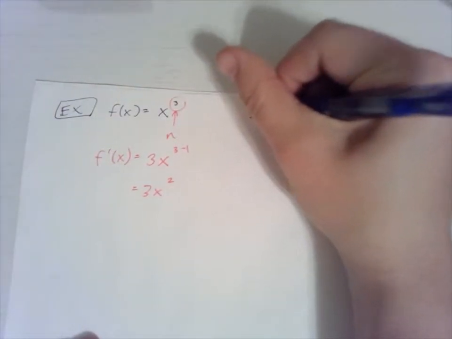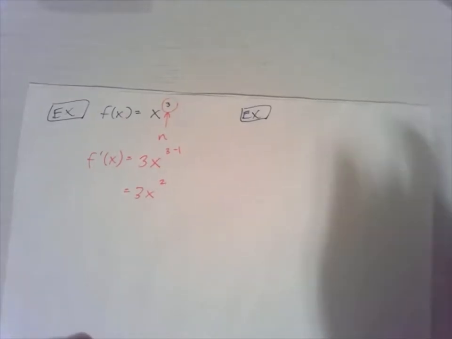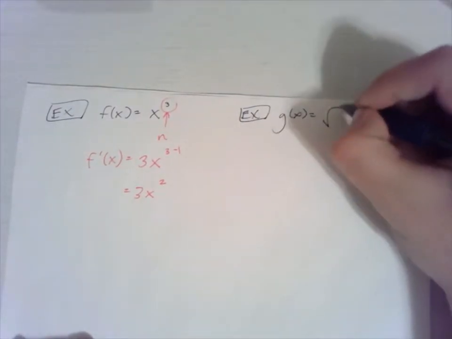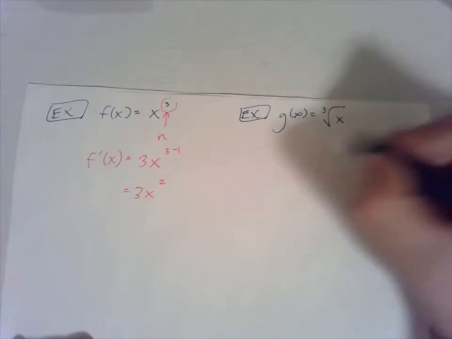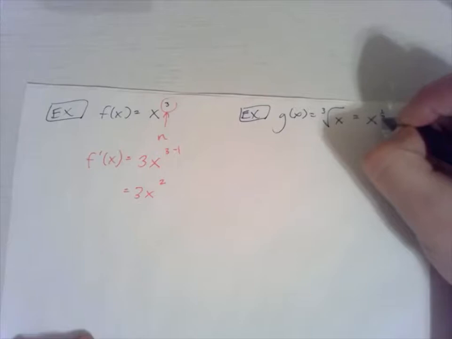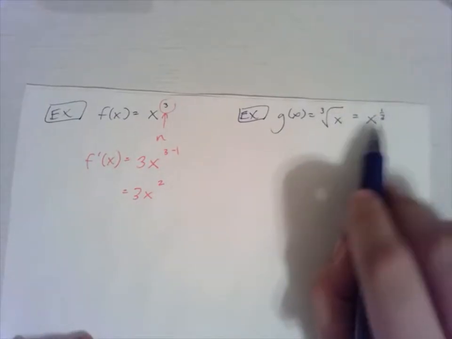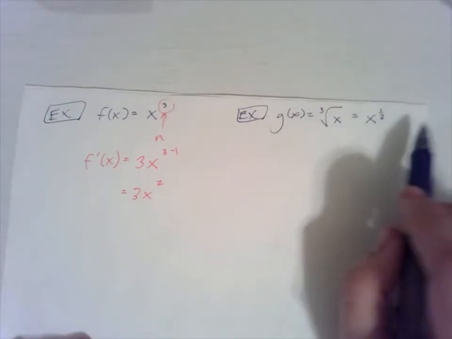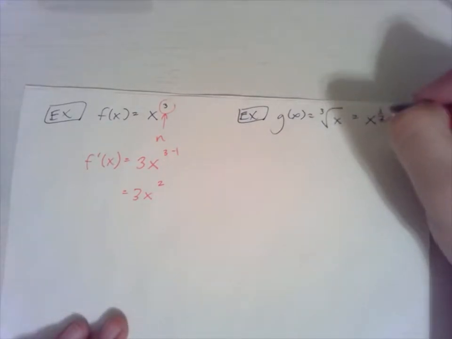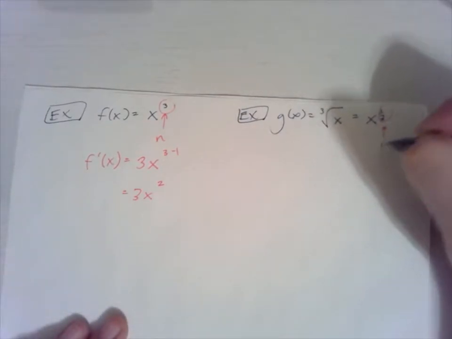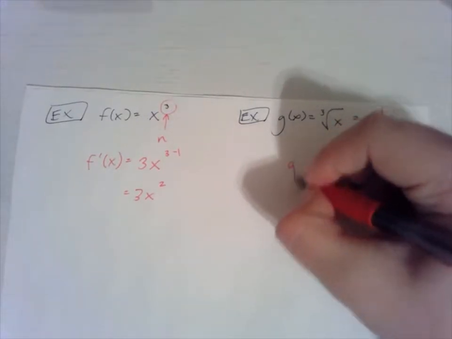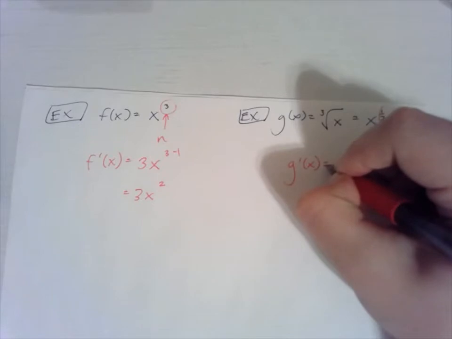Next example. If we had g of x equals cube root of x, remember that g of x is saying x to the 1/3. The 1/3 power and the cube root are the same thing. So that tells us that our n value now is going to be 1/3. When we apply that, we find g prime of x.